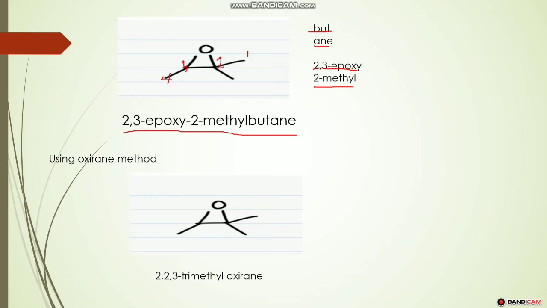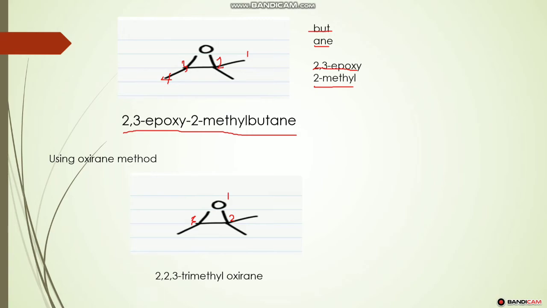So we have to give a unique numbering on this system where the O gets the number 1 and the carbon 2 is the more substituted or higher substituted carbon of the oxirane. And carbon 3 is the second carbon in the ring.